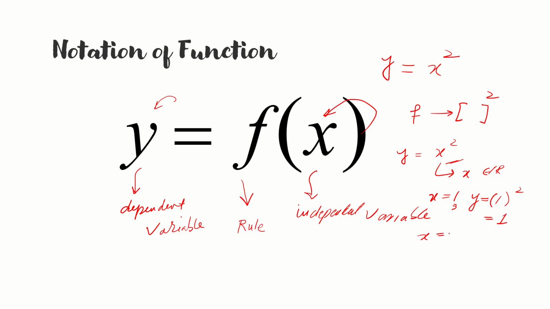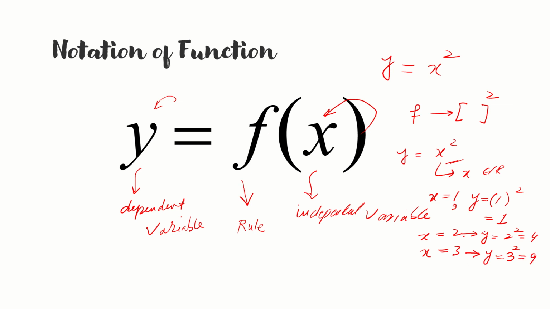If I take x equal to 2, now the question is, can I take x equal to 3? The answer is yes, I can take x equal to 3 as well. But for x equal to 2, I will take only 2 square, that is equal to 4. Similarly, for x equal to 3, I could take only 3 square, which is 9.